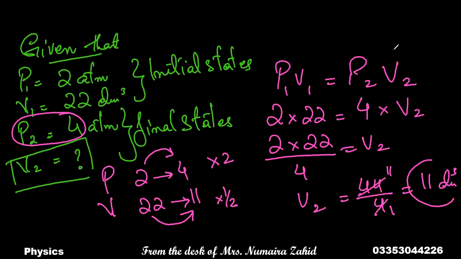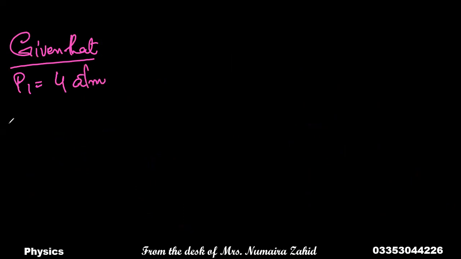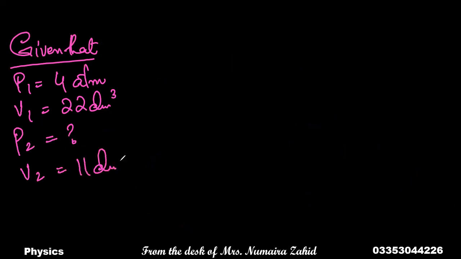Let's take another example. In this example, we are going to find out the pressure. It is given that the initial pressure of a gas is 4 atmospheric pressure and initial volume is 22 cubic decimeter. Find the final pressure if the volume becomes 11 cubic decimeter.